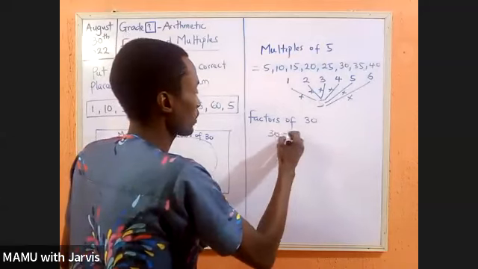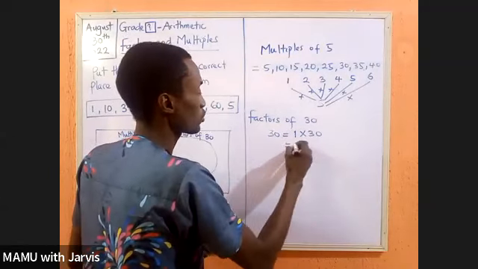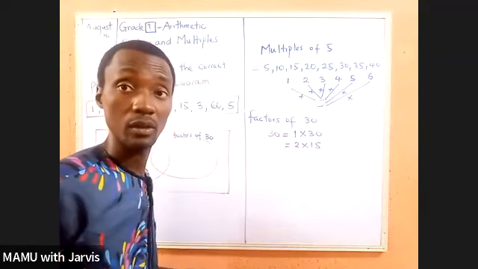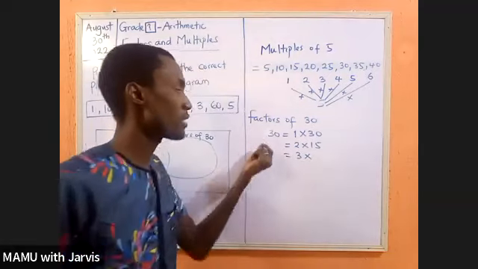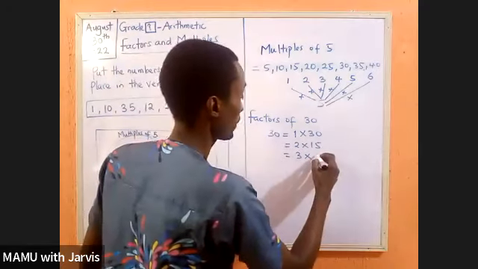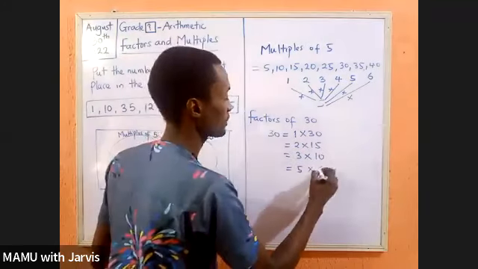This will be 30 equal to what? 1 times 30, which will be equal to 2 times 15. This will be equal to 3 times 10. And here I could have 5 times 6.